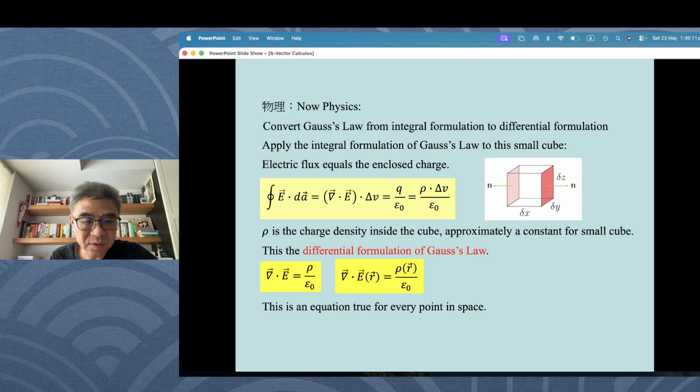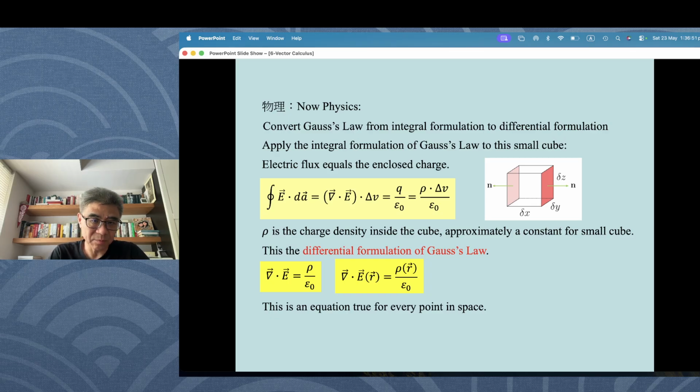I have to emphasize this is an equation true for every point in space, because in this equation there is a divergence of E at every point in space. If I want to write it explicitly, the left-hand side is actually a function of r. On the right-hand side, rho is the charge density, and we could define a charge density for every point in space. Sometimes it's uniform, then rho is a constant, but sometimes the charge distribution is not uniform.